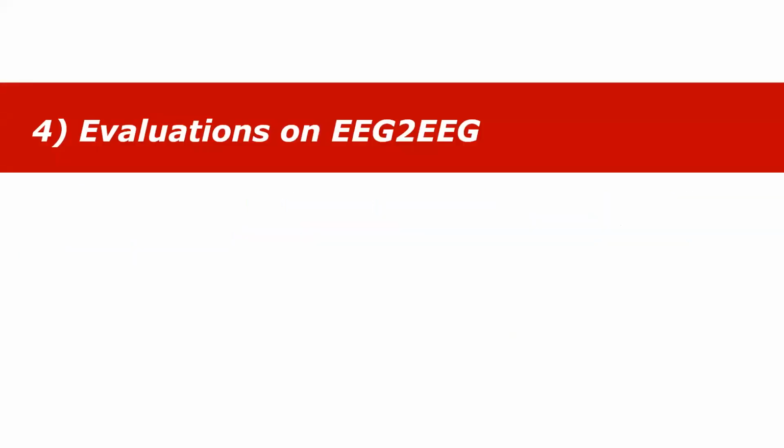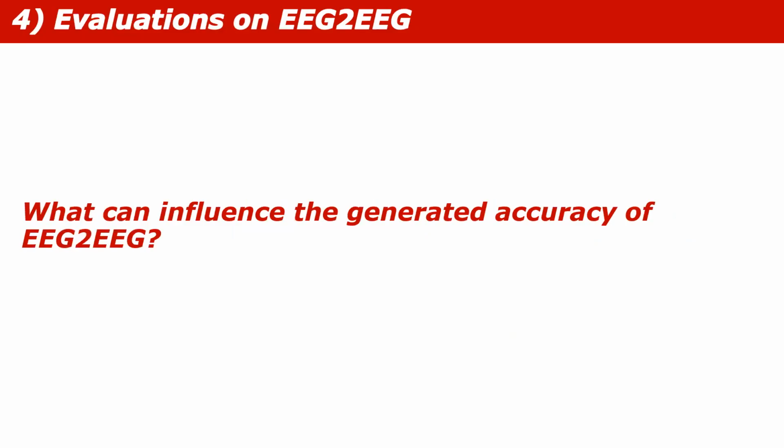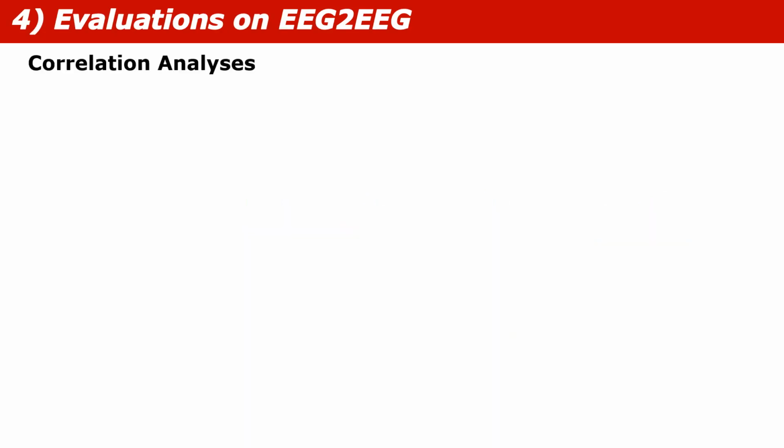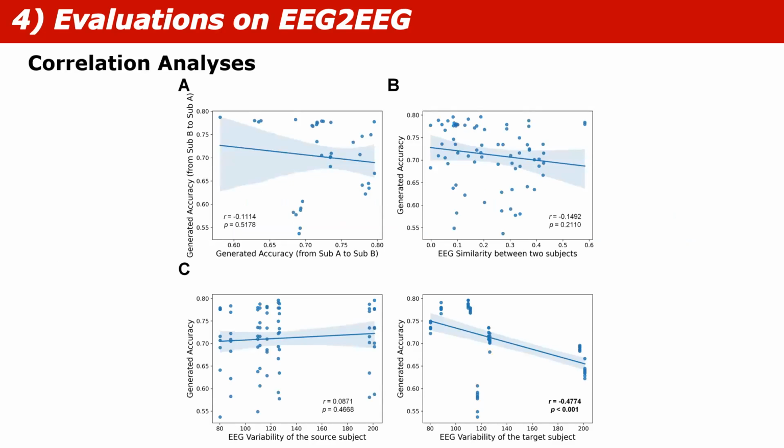Then we also did some evaluations on our EEG2EEG models. First, we asked what can influence the generated accuracy of EEG2EEG. So we did some correlation analysis. We calculate the correlation between generated accuracy from subject A to subject B and generated accuracy from subject B to subject A. We also calculate the correlation between generated accuracy and the original EEG similarity between two subjects.